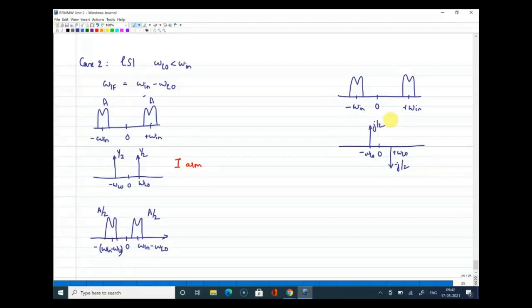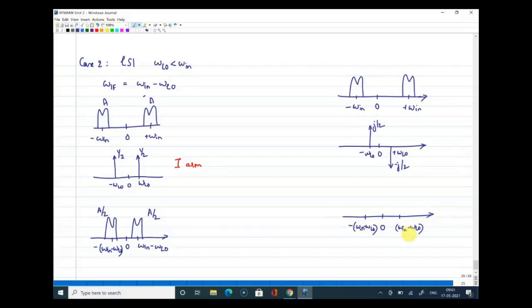All right, so when you perform the operation, as we mentioned before, you will get 4 frequency components. Out of that, only 2 we are interested in, which come at minus of omega in minus omega LO and omega in minus omega LO, and you can perform the operation in a similar way.